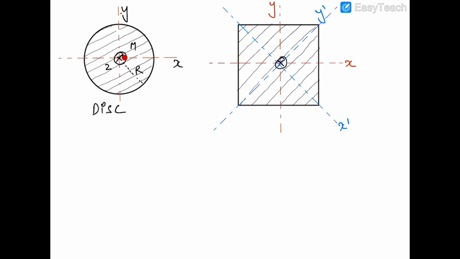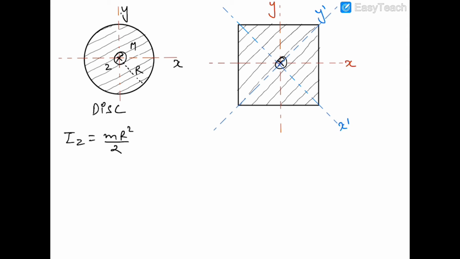So this is the z axis, this is the x axis, and this is the y axis, and this is a disk. The moment of inertia of the disk about the z axis is mr square by 2. We know that, and we can see that the x axis and y axis are symmetrically located in the disk. I mean to say that if I interchange the y and x axes with each other, then the moment of inertia would also remain the same, and they would be symmetric to each other.